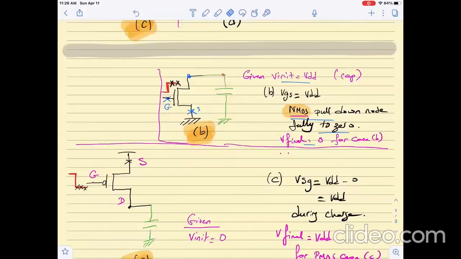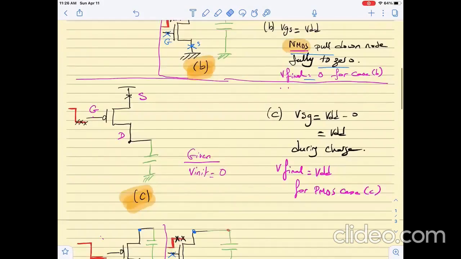Therefore, given that V init equals VDD, if I rely on an NMOS to pull down the output, its VGS will always be VDD during this pull down, and therefore we will have a V final equal to 0.